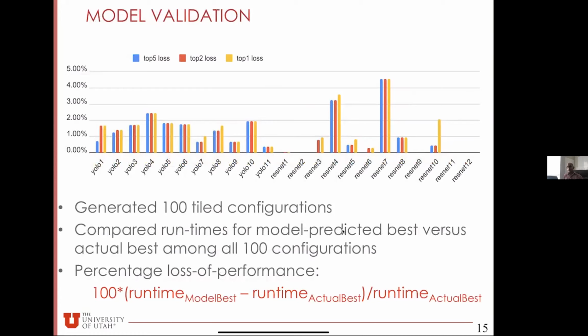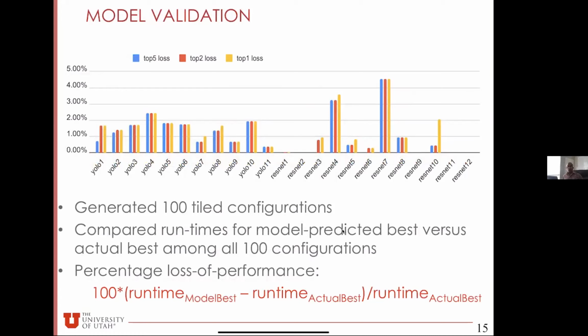For each tiled configuration, our model will predict some metric, which is that min-max cost with respect to the different levels in the memory hierarchy. And we compared the runtime of actual execution for the model-predicted best versus the actual best among all these 100 configurations. We are showing the percentage loss of performance, which is essentially comparing the runtime of the model best with the runtime of the actual best.